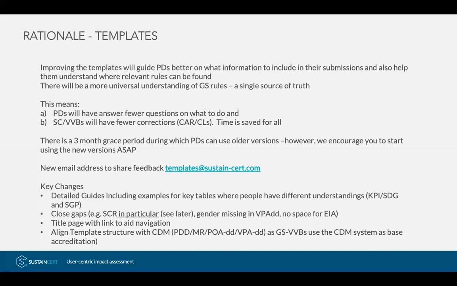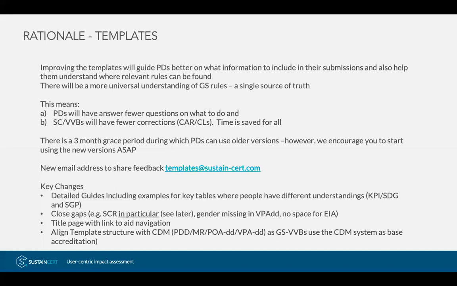What we hope to achieve with this is that project developers will have to ask us fewer questions on what it is they need to do and what information they need to supply. And in turn, SustainCert and VVBs will have to issue fewer corrections or clarifications. And what this hopefully means is that time will be saved for us all.